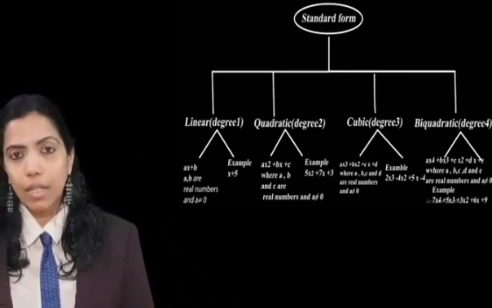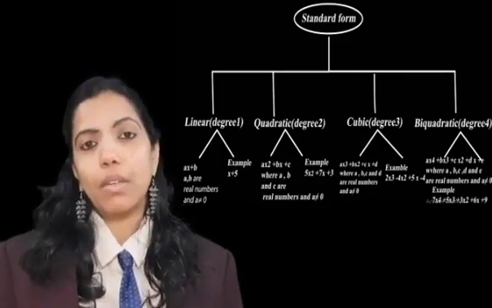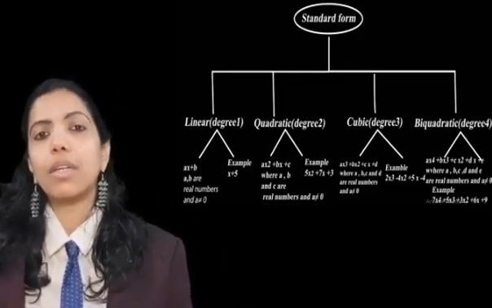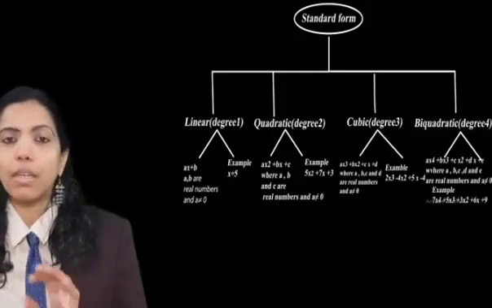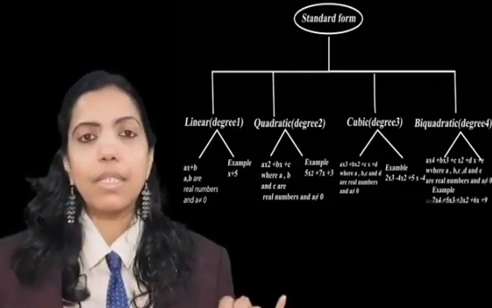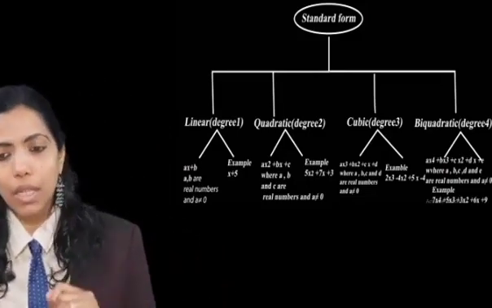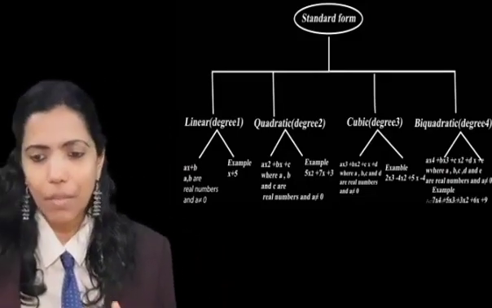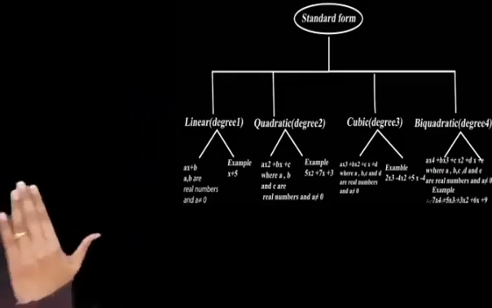It is quadratic. Quadratic means, as we know, the degree is 2. So how can we frame the quadratic standard form? It is ax square plus bx plus c. Here also a, b, c are real numbers and the condition a not equal to 0 should be given. For example, 5x square plus 7x plus 3.